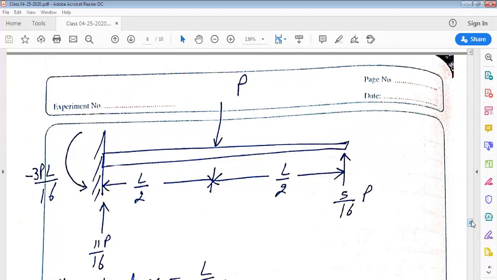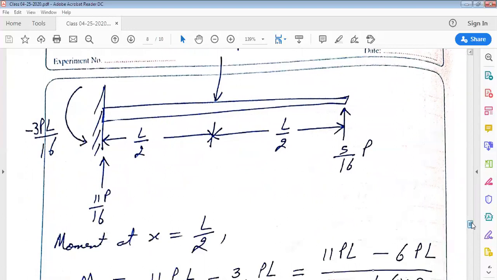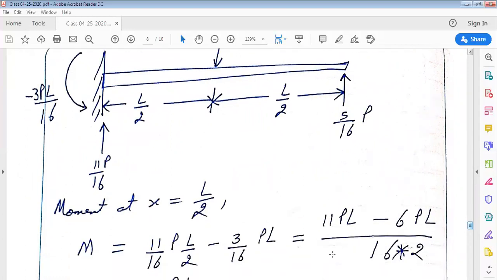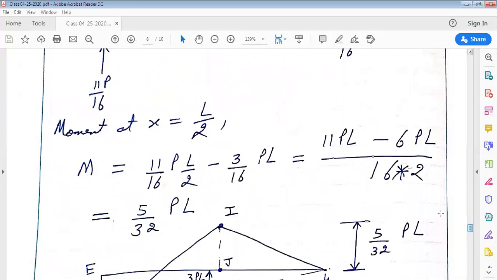Now let us try to find out the plastic limit load. Please see that at x equal to capital L by 2, the bending moment would be 11PL divided by 32 minus 3PL by 16, where 3PL by 16 is the bending moment at the left end. And that gives us capital P equal to 5 by 32 PL.